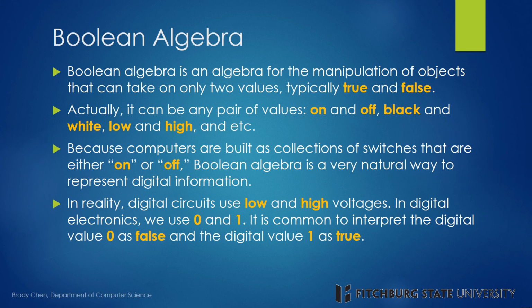Instead of using on and off, low or high, we use the binary numbers, 0 and 1. It is common to interpret the digital value 0 as false and the digital value 1 as true, or vice versa. It doesn't matter. It's up to us. In this class, we're going to use the value 0 as false and the value 1 as true.